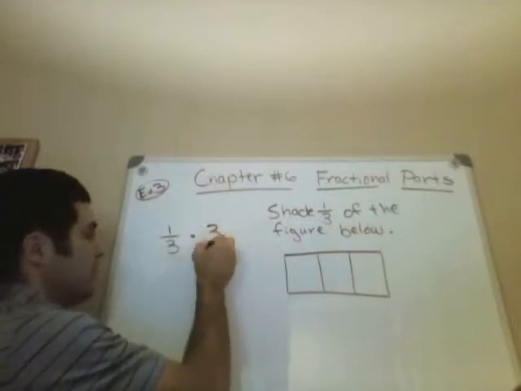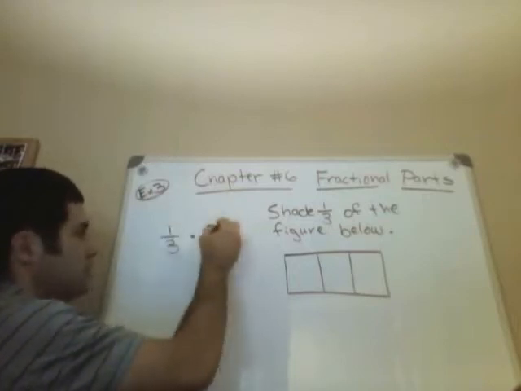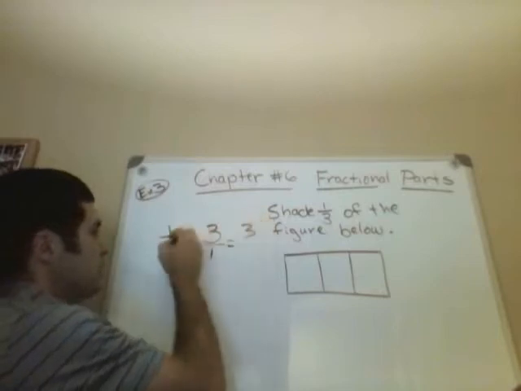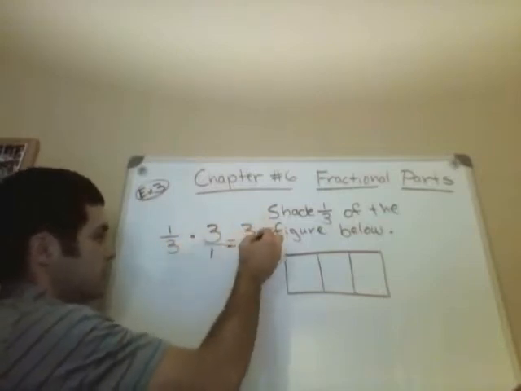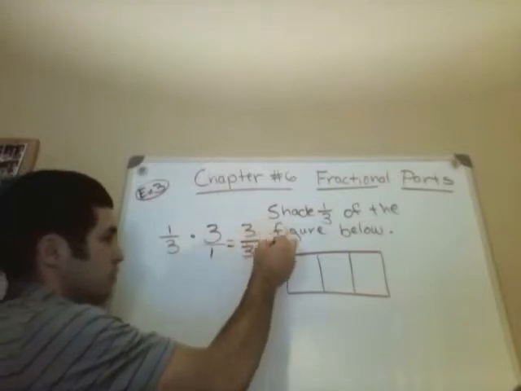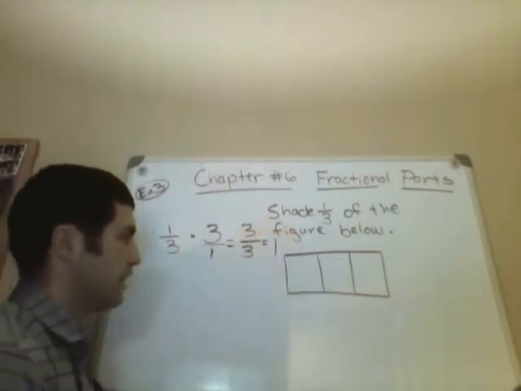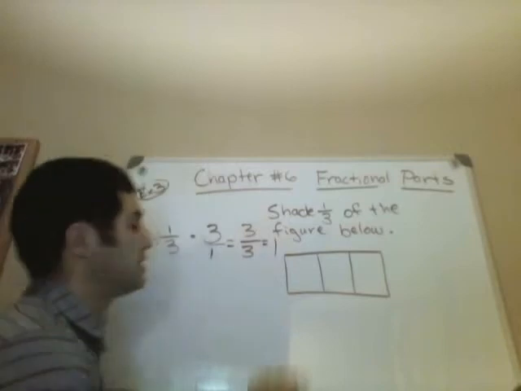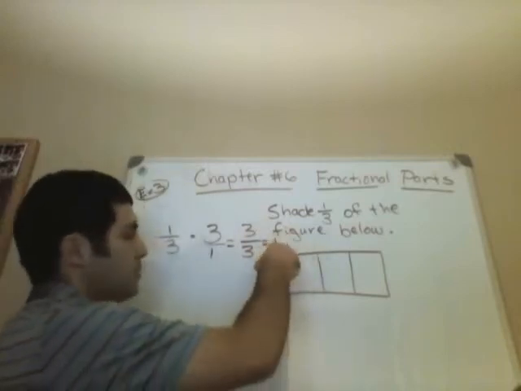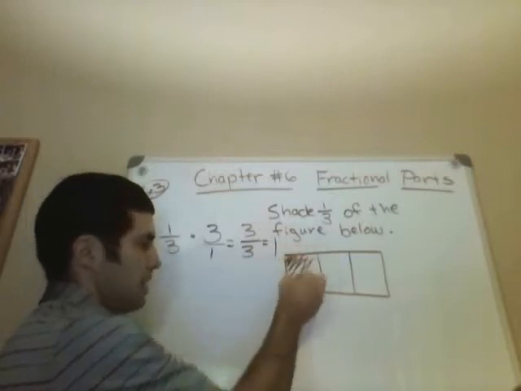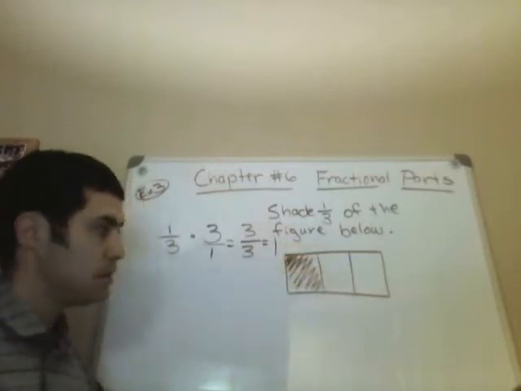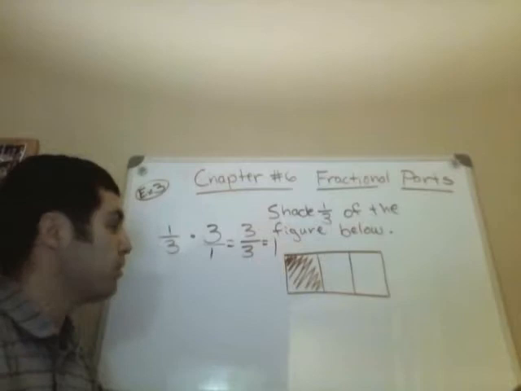We multiply that out. 1 times 3 is 3. 3 times 1 is 3. So 3 over 3 equals 1. I'm running out of room. I apologize. But so that 1 means we would shade 1 box here.